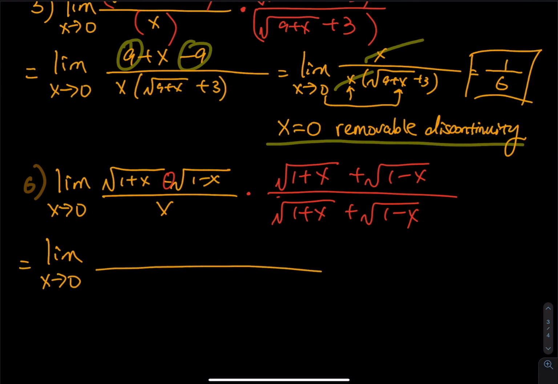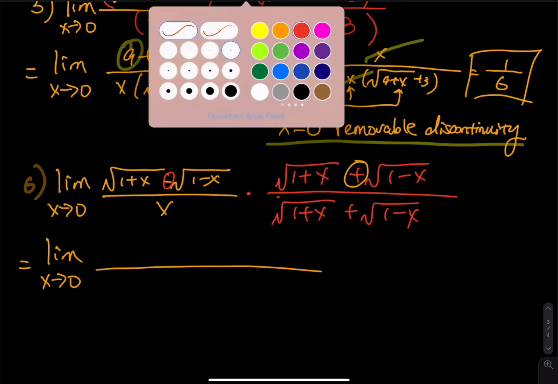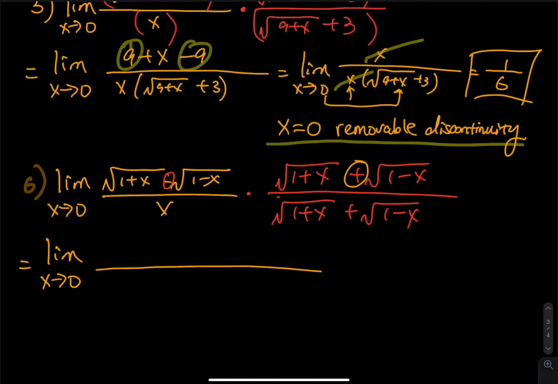So the top, because of the plus and minus, we can just get rid of the square roots. If these were both minus, then you would be unable to get rid of all the square roots, all right? Oh, by the way, in case you don't remember this red term, what is this called? This is called conjugate. Same thing right here, conjugate. Conjugate means opposite sign.